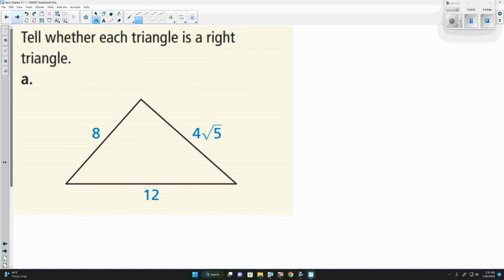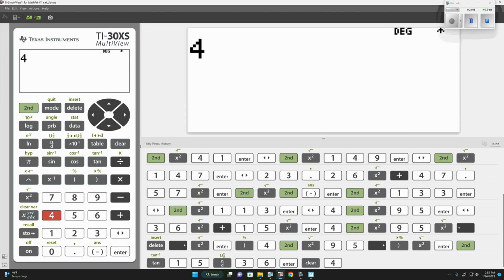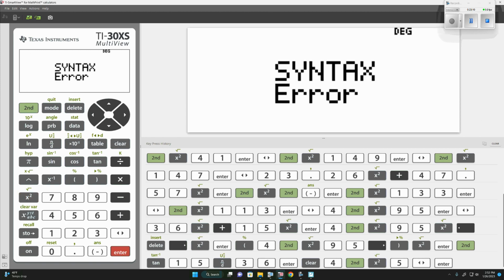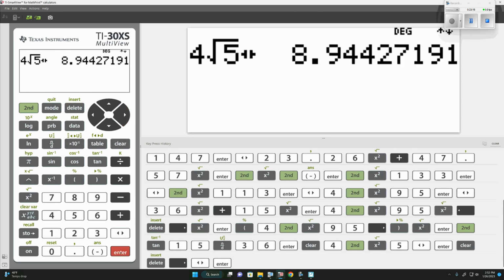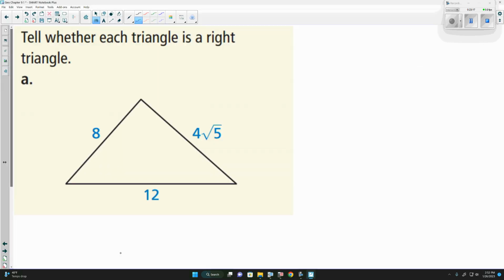Now let's look at this one here. So the hypotenuse is most likely going to be 12, and we can make sure: 4 square root of 5 is 8.94. So, okay, 12 is the biggest side. So we're trying to see if 8 squared plus 4 square root of 5 squared is equal to 12 squared.